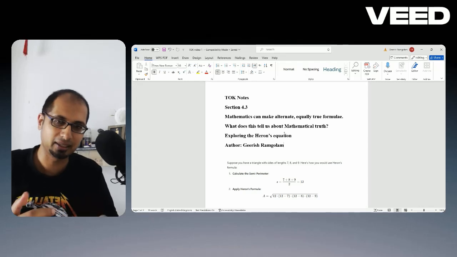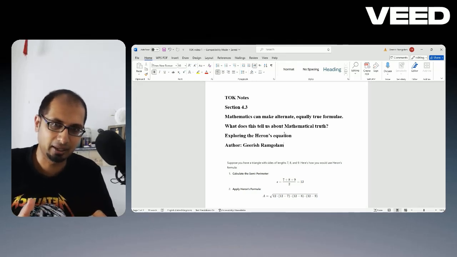So it's basically asking you, can mathematics actually create alternate equally true formula? And in terms of mathematical truth, in simple terms, can we have two formula which look different but they actually convey the same mathematical truth?